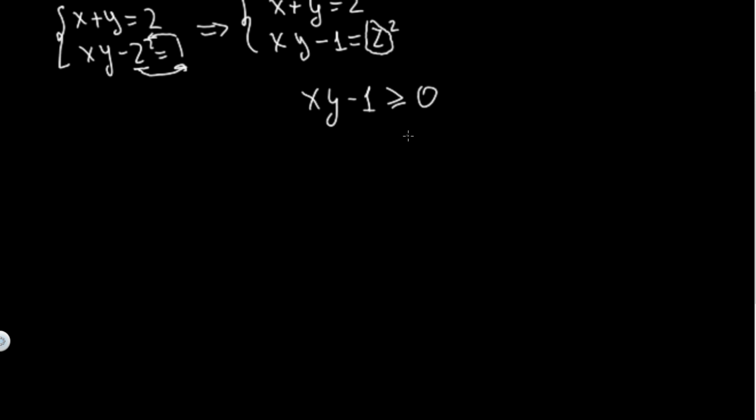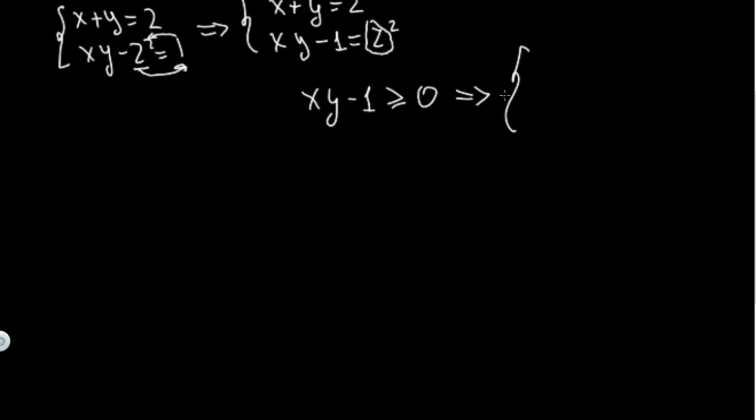But when does it happen? It happens when both of them are positive or both of them are negative. If you have mixed signs, for example x negative and y positive, if you multiply them you will get negative, so it will be less than 0. So we can't take x and y with different signs.